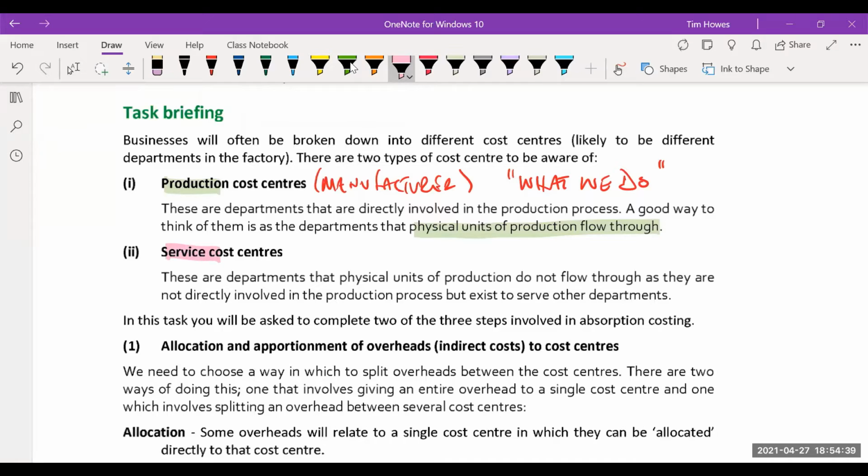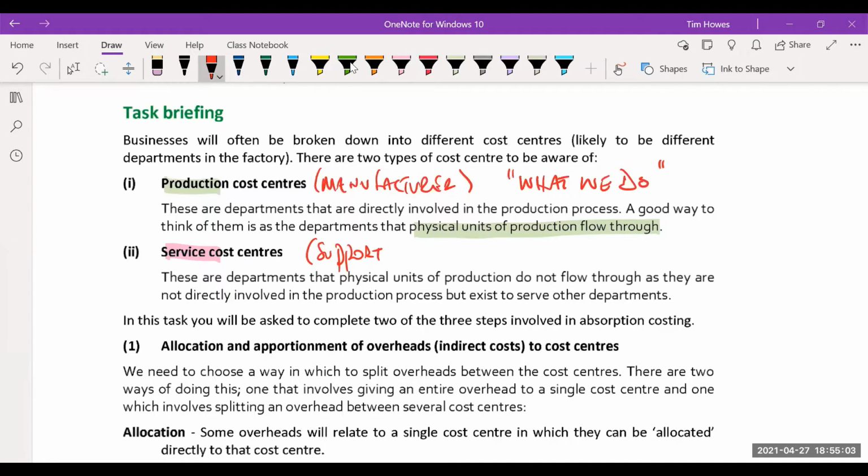Marvelous. Then we've got service cost centers. Again, another phrase where I would say, just to make sure that you don't get tied into it, it must be called one thing. What we're talking about here are bits of the business that support the things that we do. So the canteen a minute ago was an obvious one.